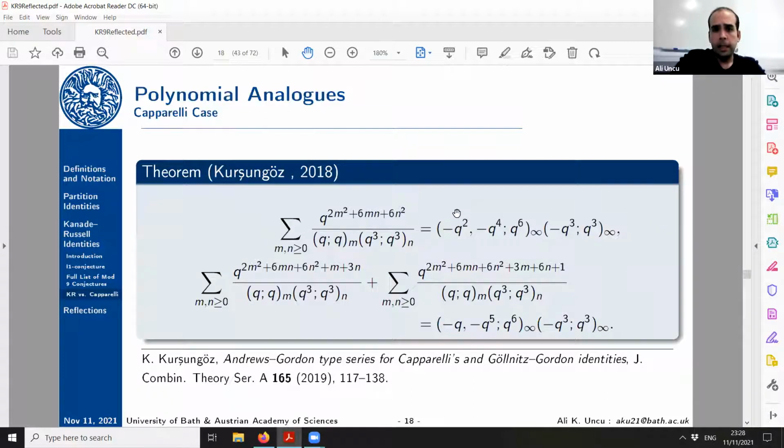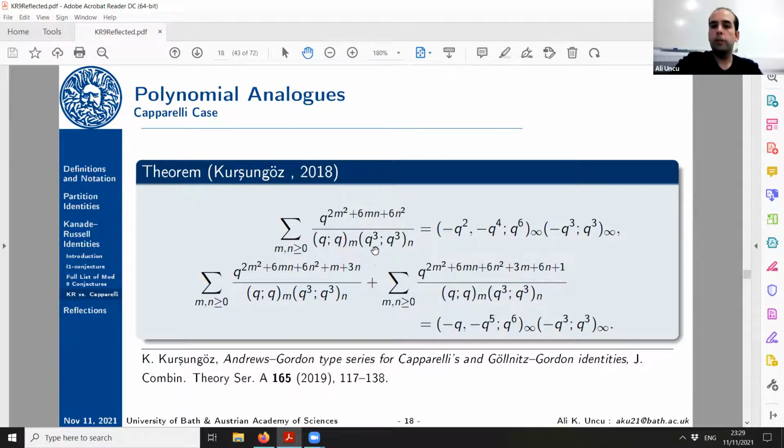And so another way to try is when we look back at the Capparelli examples, as Kanade-Russell wrote it. What I did with my former advisor, Alexander Berkovich, was we understood the combinatorial structure of these sum sides, and we already had finite versions of the product sides from a previous paper that we wrote.